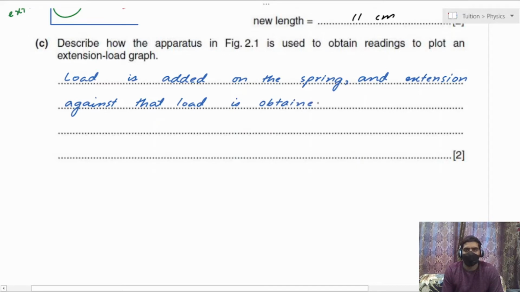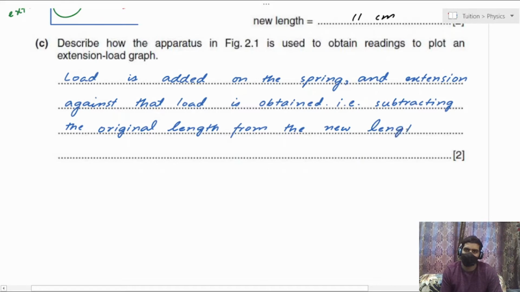and then you can write the way that you would obtain the extension, which is subtracting the original length from the new length. So basically, I'm describing this one formula.